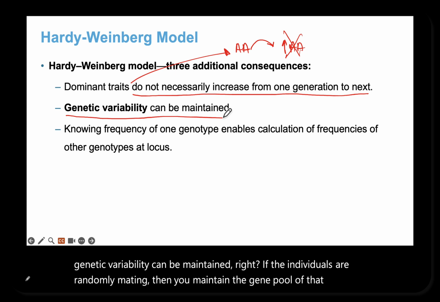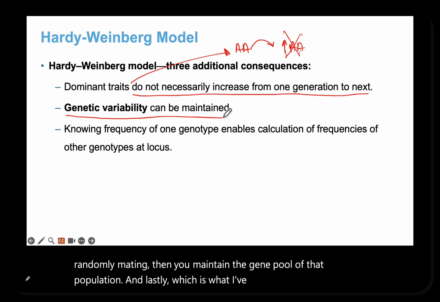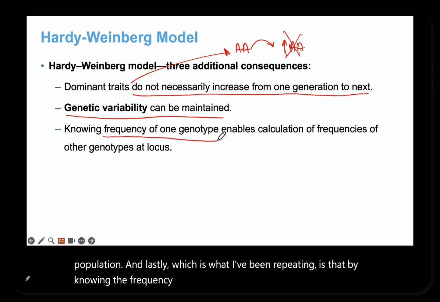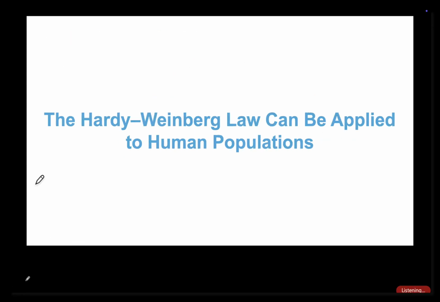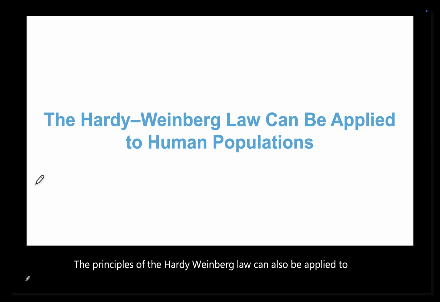And lastly, which is what I've been repeating, is that by knowing the frequency of one genotype, we can calculate the frequency of other genotypes at that locus. All right? The principles of the Hardy-Weinberg law can also be applied to human populations.